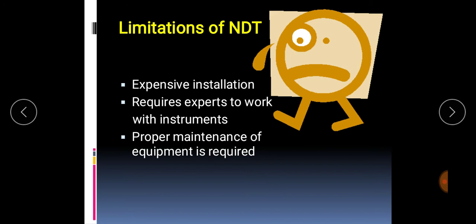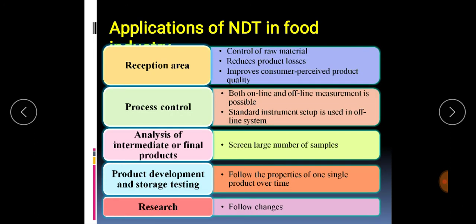Then, application of NDT in food technology. In the reception area, you can do control of raw material, reduce product losses, and improve consumer-perceived product quality. Then process control, that is the main thing, both online and offline.